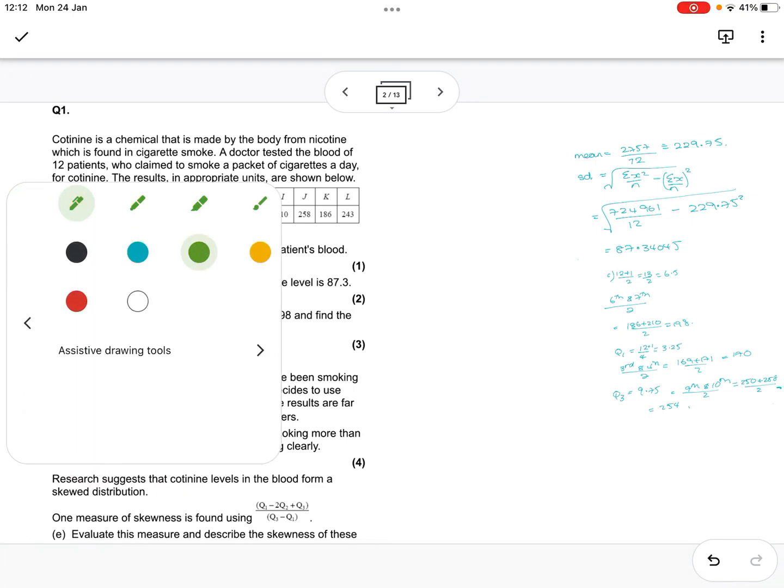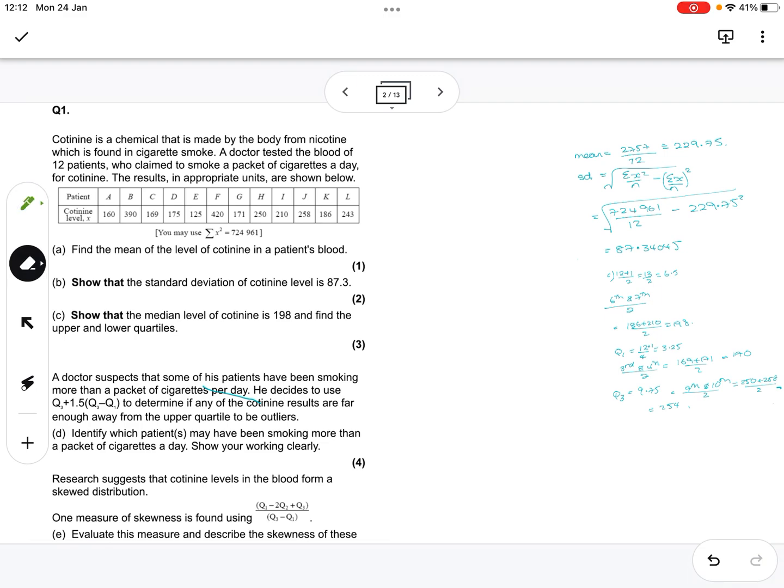Right, final bit. A doctor suspects that some of his patients have been smoking more than a packet of cigarettes a day. He decides to use this to determine, so that's to find out if there are any outliers. So we have Q3 plus 1.5 lots of the interquartile range, which is Q3 minus Q1.